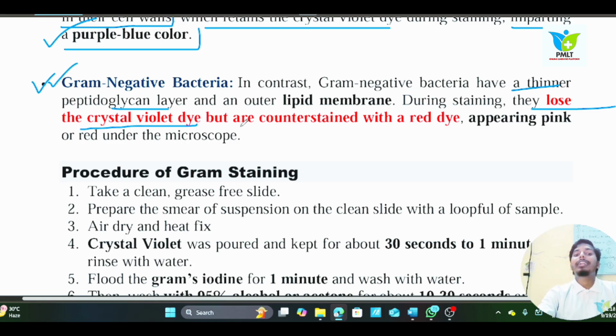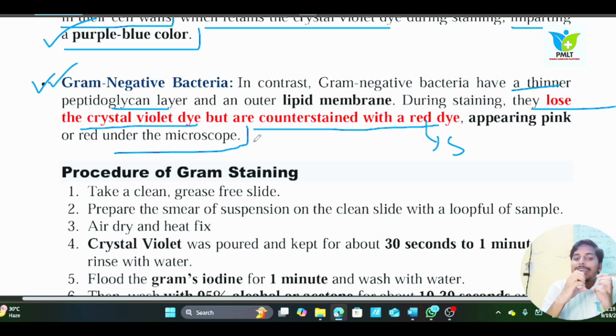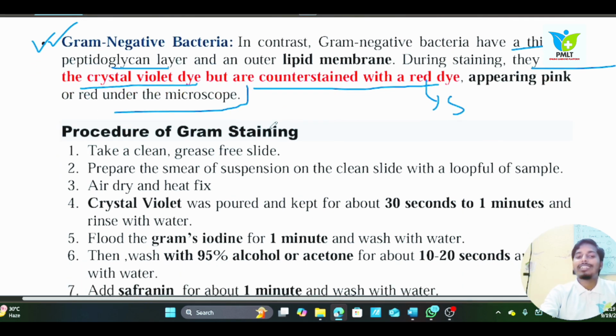But once the crystal violet dye is extracted out, they are counterstained by the red dye, safranin, so they become pink under the microscope. Getting my point? Please keep in mind that gram negative bacteria have a thinner peptidoglycan layer, and whenever we use the crystal violet, it is extracted out, because we are also using acid or alcohol here, and the counterstain by safranin happens. You will understand this later.